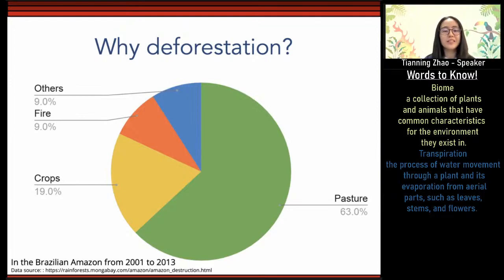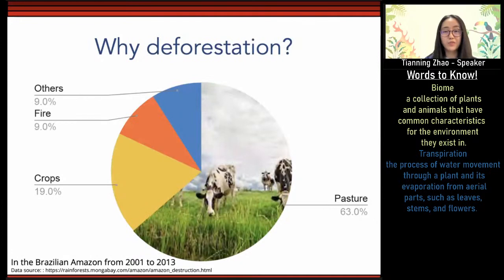As you can see, pasture contributes almost two-thirds of the deforested areas. Those forests are cleared for pasture land where you can do cattle ranching and produce beef, which is needed in massive amounts in other parts of Brazil as well as globally.